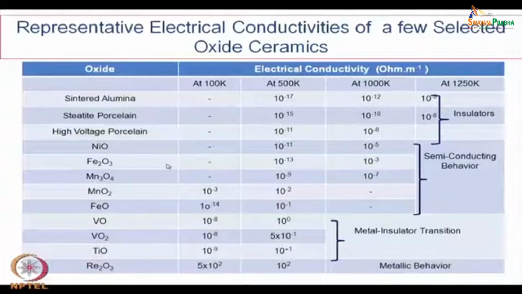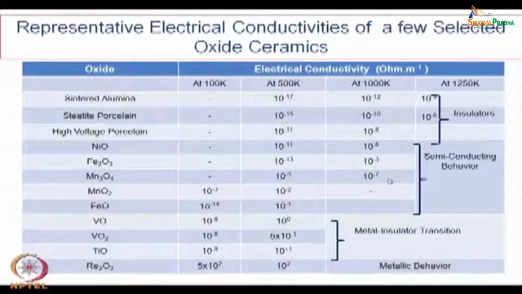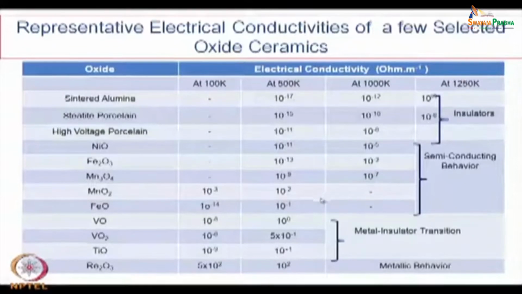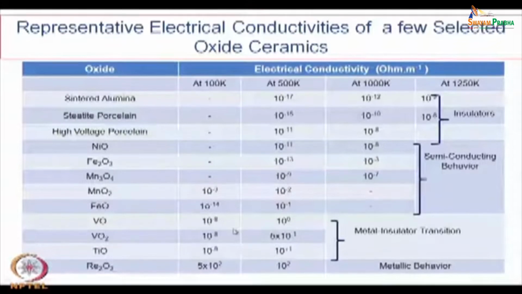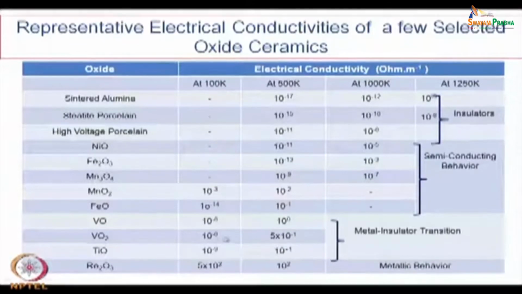So, these are the transition metal oxides, and because of their particular defect structure and the concentration of point defects and resulting non-stoichiometry, we do get semiconducting behavior in the oxides. Then there are some relatively uncommon oxides like VO, VO2 and so on.